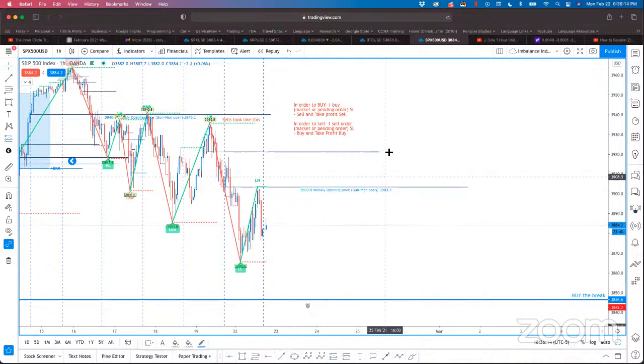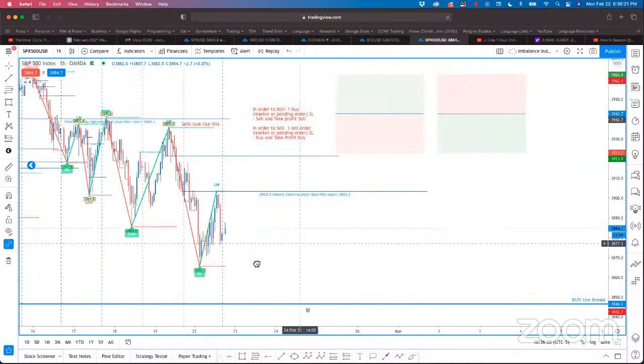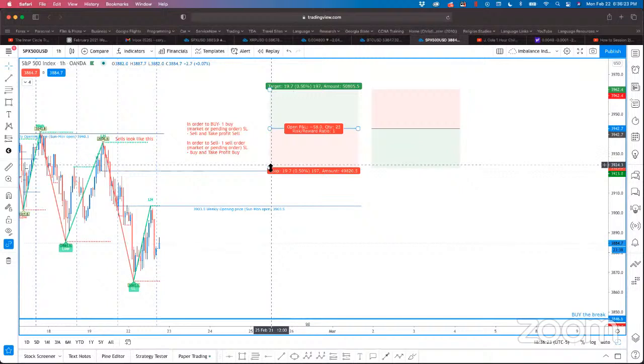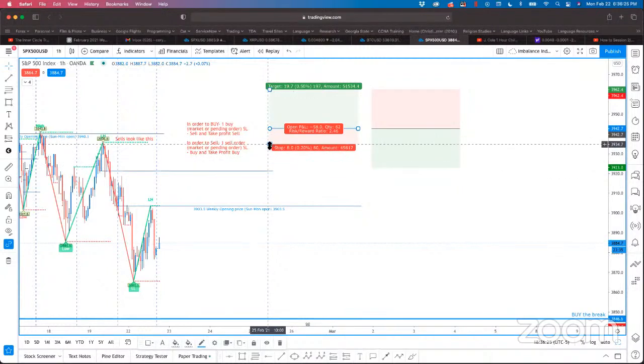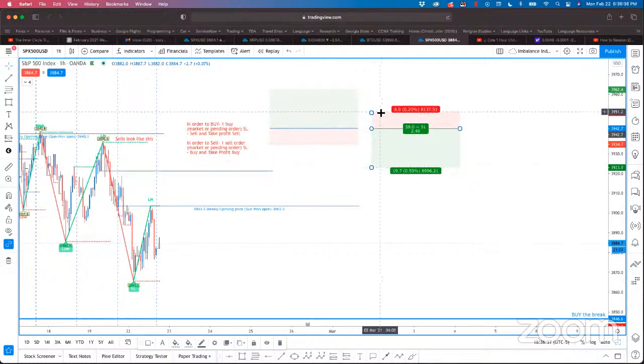So if we look at this right here, this is what the orders look like, right? This would be a buy order. My buy entry would be right here. This would be a sell order, right? My entry for the sale would be right here. My take profit would be right here. My stop loss would be right here, right?